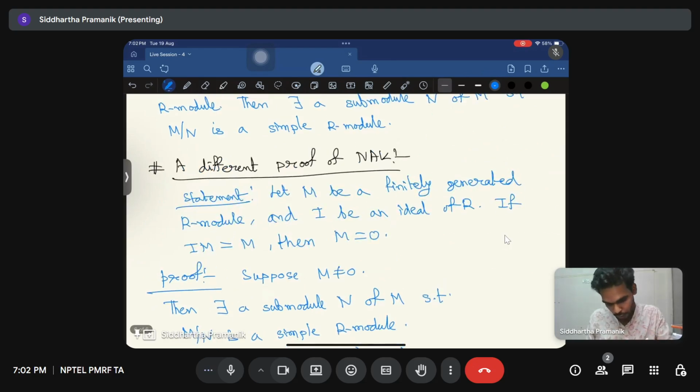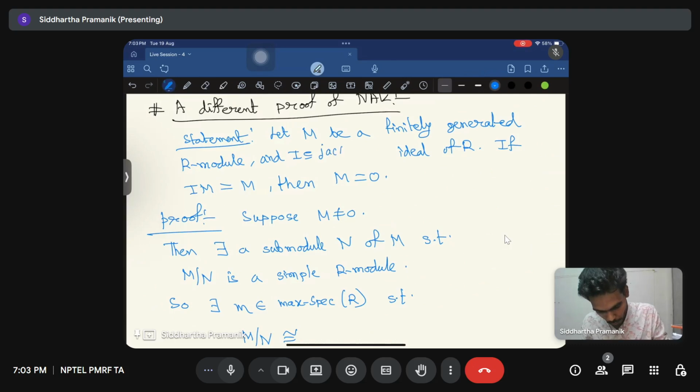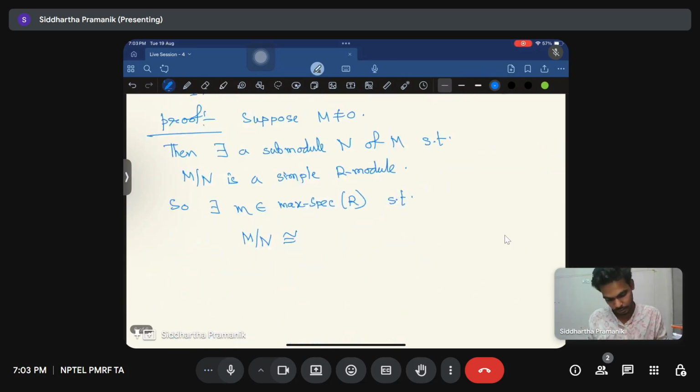Okay, so we need to be restrictive here. Sorry, we have to be restrictive. So here I is a subset of the Jacobson radical of R, which means it is contained in every maximal ideal of the ring R. So we are proving Nakayama's lemma in a particular case.